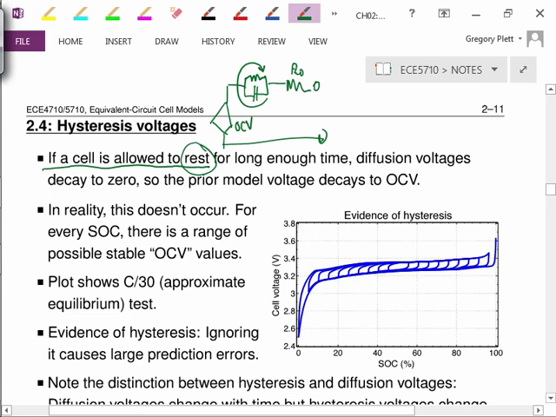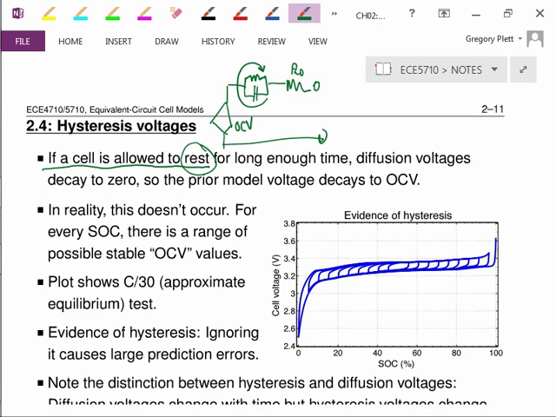But when we attempt doing this with a real cell, where we have active current going into the cell or out of the cell for a period of time, and then we allow the cell to rest, we notice a different behavior. The voltage of the cell does not decay to the open circuit voltage and converge to that. It decays to something else.